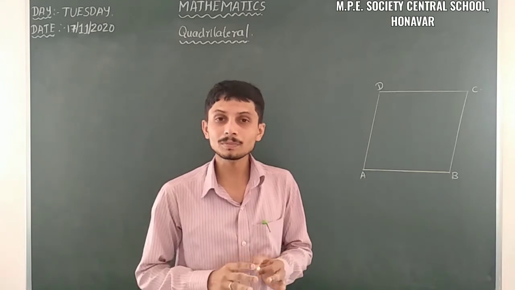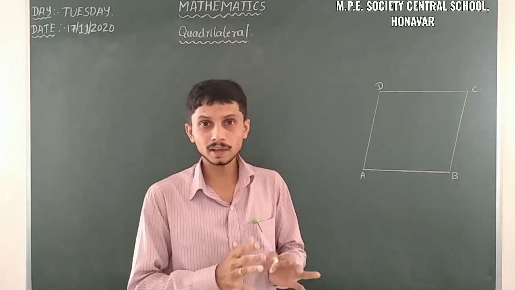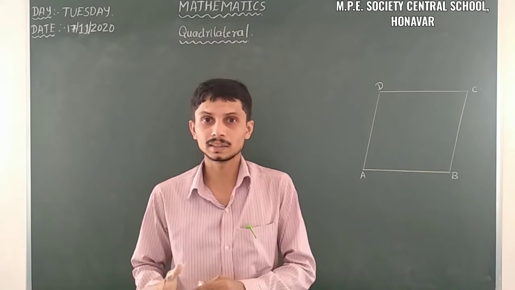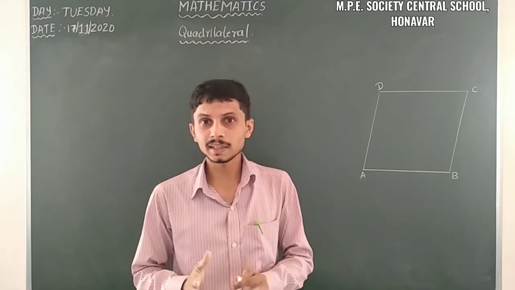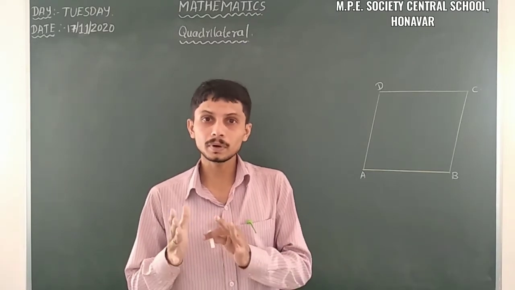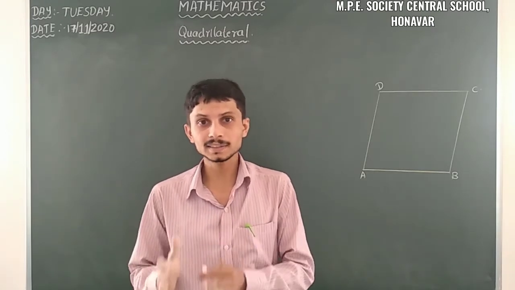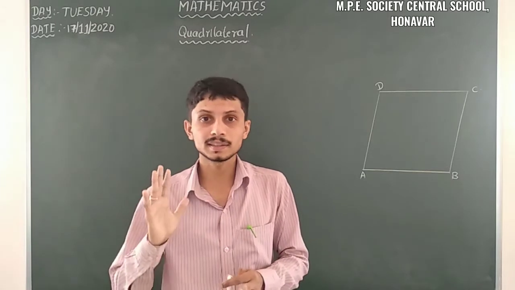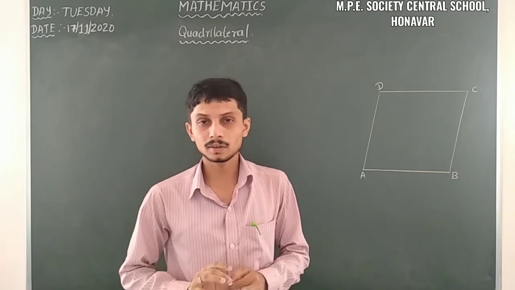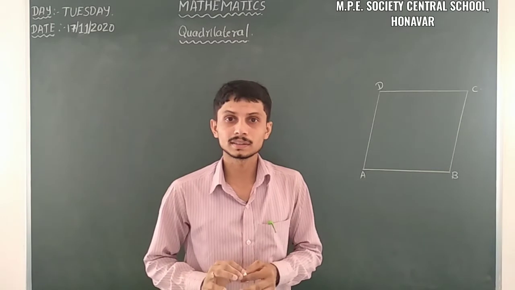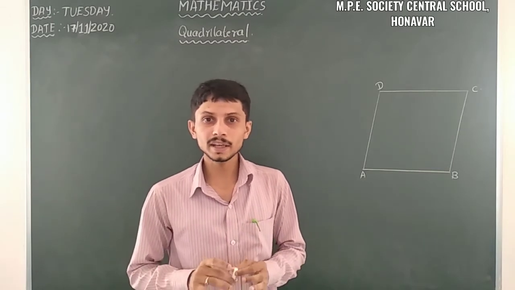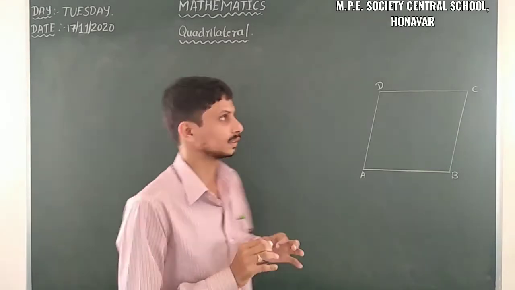The statement of theorem 8.6 is: the diagonals of a parallelogram bisect each other, and 8.7 is the converse of 8.6. If in a quadrilateral the diagonals bisect each other, then that quadrilateral is a parallelogram. Firstly we have to take theorem 8.6.